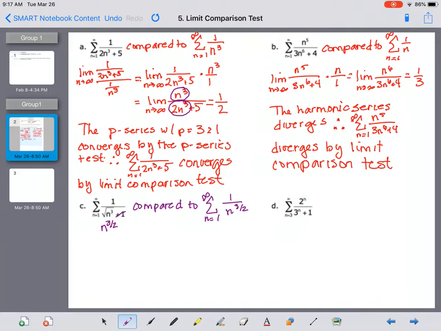Okay, for this one, if we think about that right there, getting rid of that 1, we think of that 2n over 3n. That's geometric, because the n is in the exponent alone. So we're going to compare it to a geometric series.